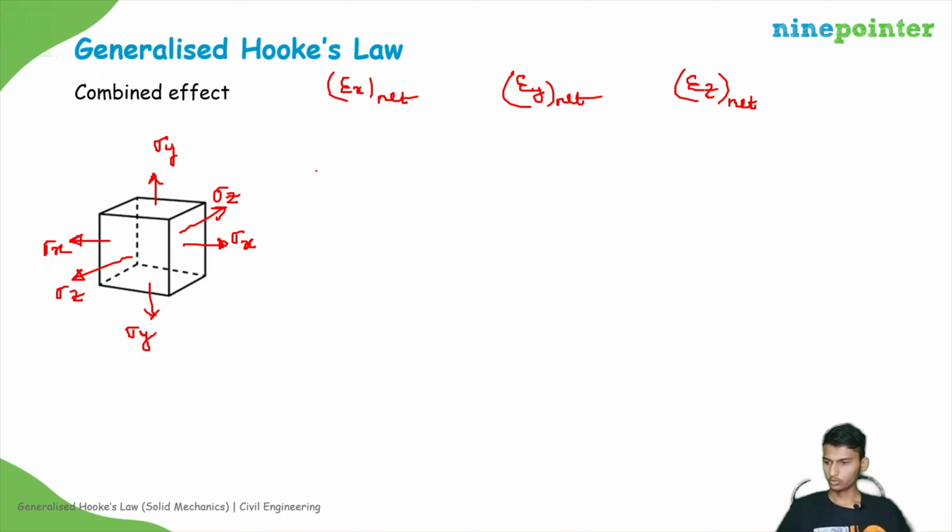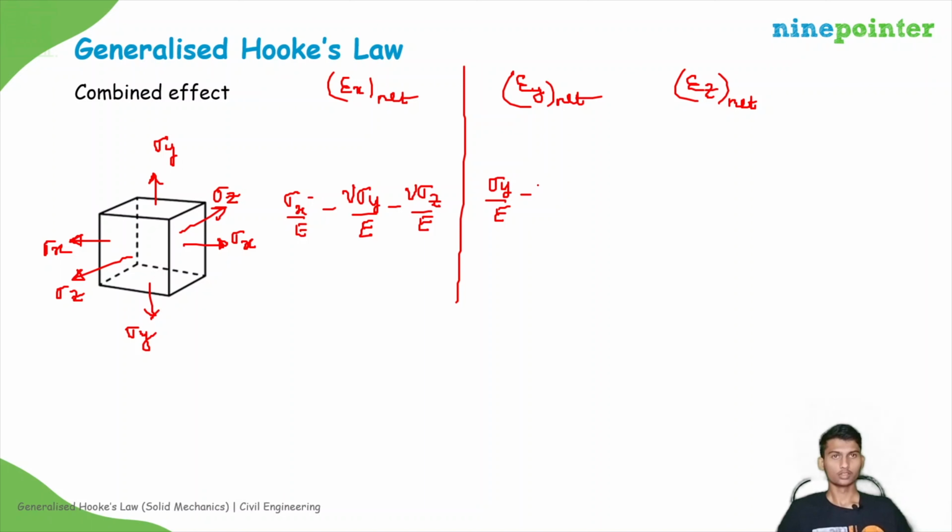Okay. So you get here sigma x divided by E minus mu sigma y divided by E minus mu sigma z divided by E, right? Now it will be sigma y divided by E minus mu sigma x divided by E minus mu sigma z divided by E. You add those three terms from the previous slide.